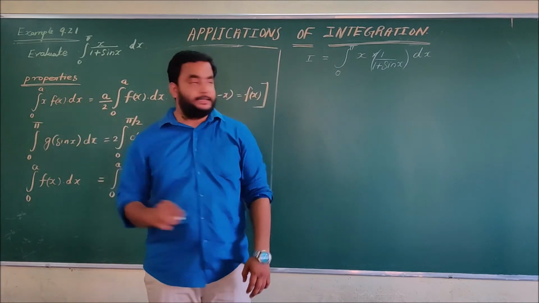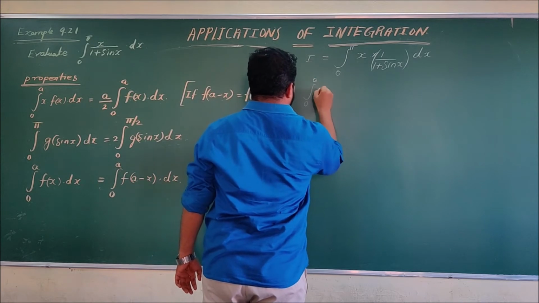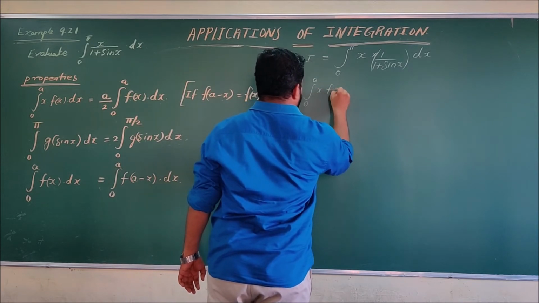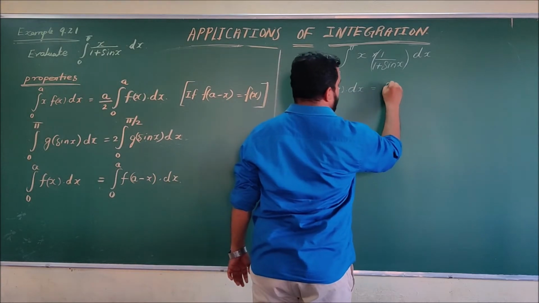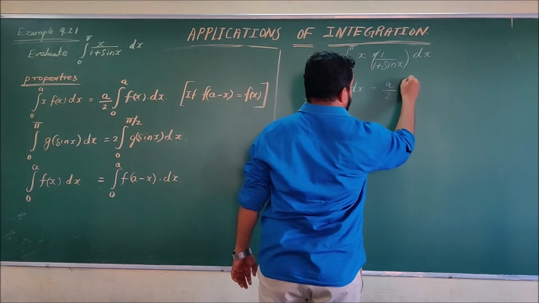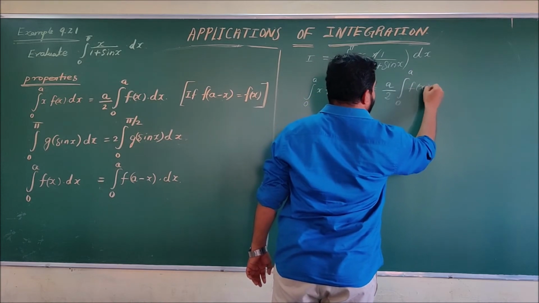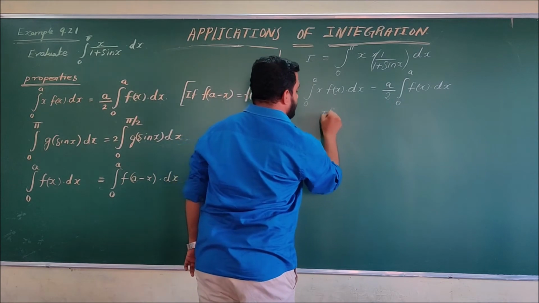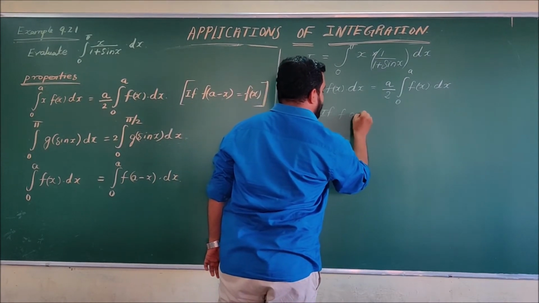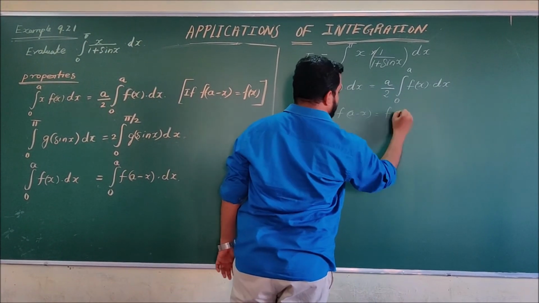The property number 1 is the integral of 0 to a, x into f of x into dx, is equal to a by 2 times the integral of 0 to a, f of x into dx, if f of a minus x is equal to f of x.